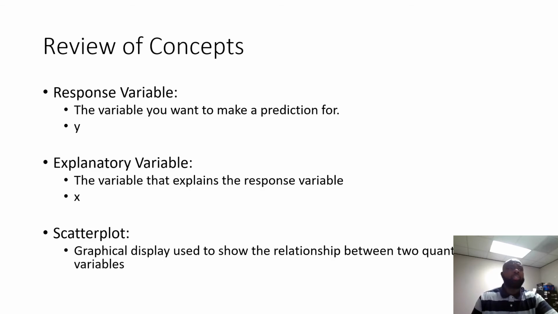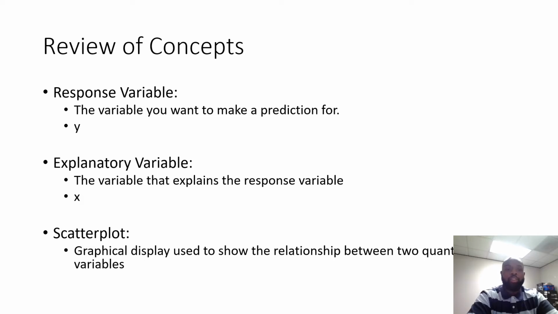And so what I want to do is review some of the concepts that we'll use from lecture. We may not get to all of these concepts, which is why this video is important. One of the concepts has to do with the variables. When we use regression, usually it is obvious that one variable is going to explain the other variable.